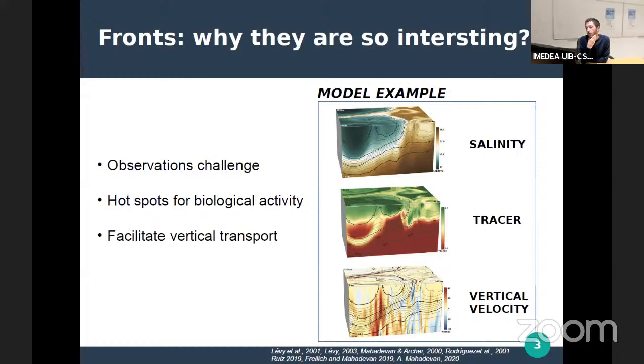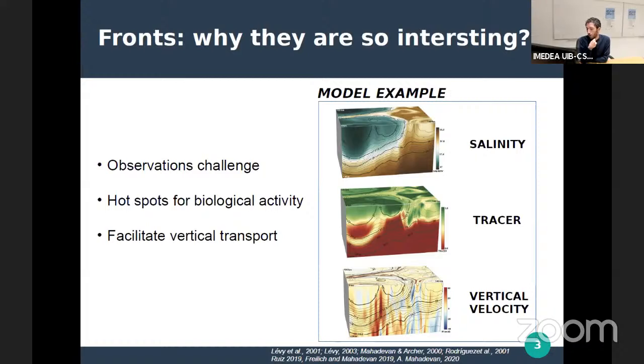The observational challenge can be somehow represented by this salinity plot that you see in the top panel, because you have a really strong gradient in a small area. From an observational point of view this is quite challenging, and it's still pretty unresolved. We mostly rely on models even for that, because it's really hard to measure these gradients.